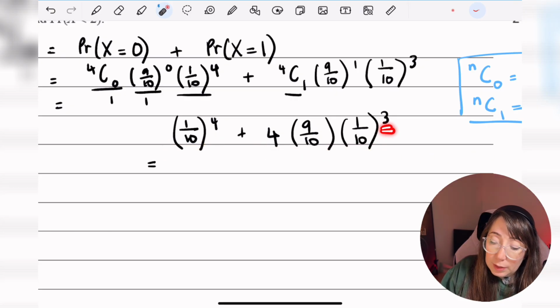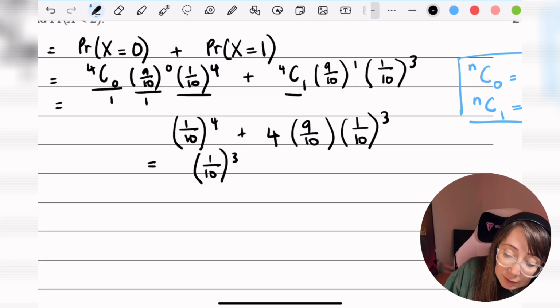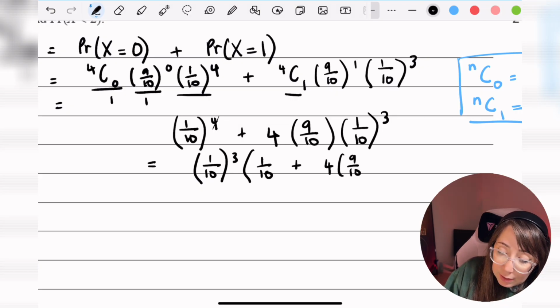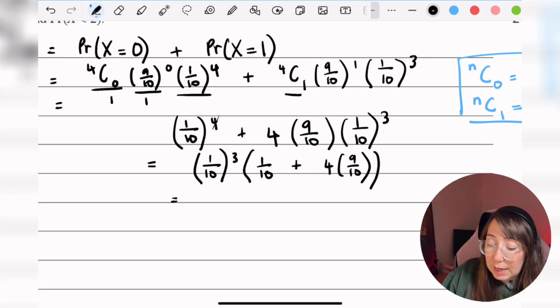So I'm going to pull out the common factor of 1 on 10 to the power of 3, which exists in both of them. So we'll start off with 1 on 10 to the power of 3. And once I do that, so I've taken 3 out, what's left over will be 1. So that will be 1 on 10 plus, and then over here, I've taken all 3 out. So this whole thing is gone. So here is 1 left, and here there is none left. This will make it easier to be able to count the numbers.